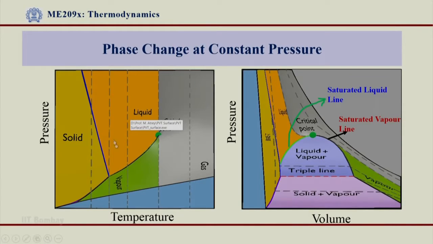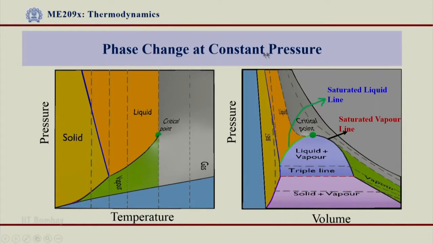So let us go back to our two-dimensional phase diagram, pressure temperature diagram and pressure volume diagram, and on these let us show a constant pressure process. Pressure being on the y-axis, any constant pressure process would look like a horizontal line in this diagram.